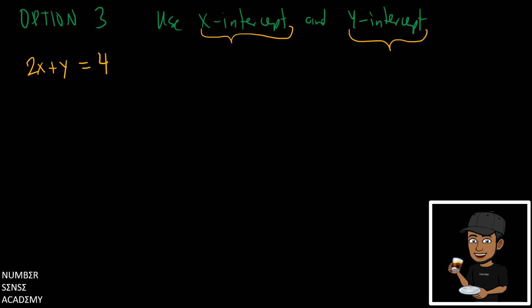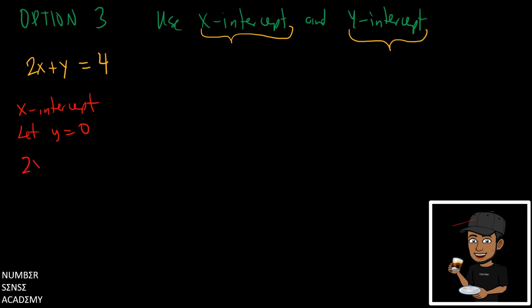So let's first find the x-intercept. And for that, we're going to let y equal 0. Why are we letting y equal 0? Because we know when we're sitting on the x-axis, no matter where we are on the x-axis, y is equal to 0. So now I'm going to substitute y equals 0 into the equation.